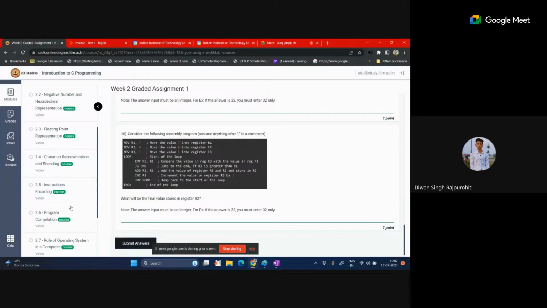It's not necessary for the qualifier exam. No, a programming question will not come in the qualifier exam, but some type of code-based question can be asked. Maybe some code is given, and the question is what will be the output. You should know how the control is flowing in the code, how the steps are executing, what the sequence of execution is, and finally what you are getting. In this question you are simply reading the statement and getting the output, but in the exam you will get a program.